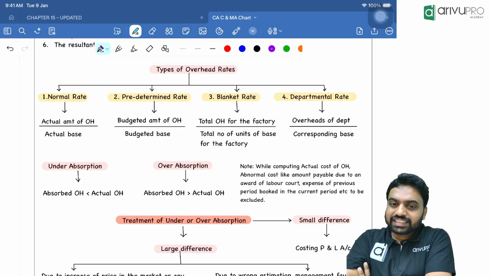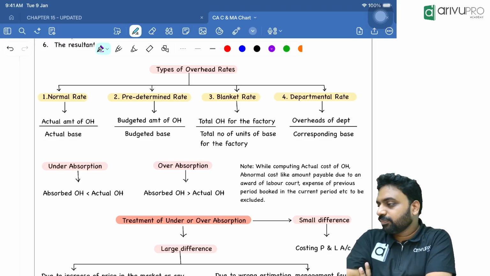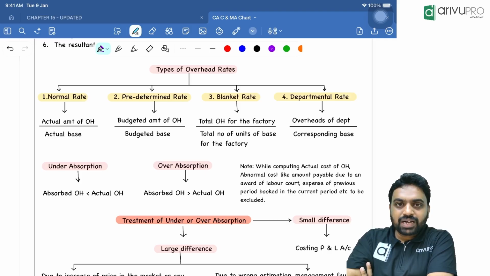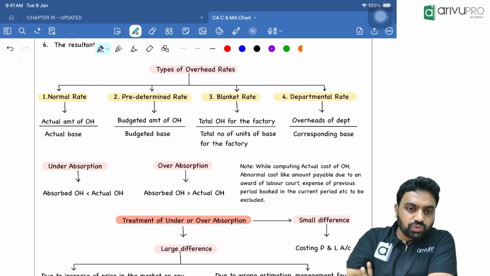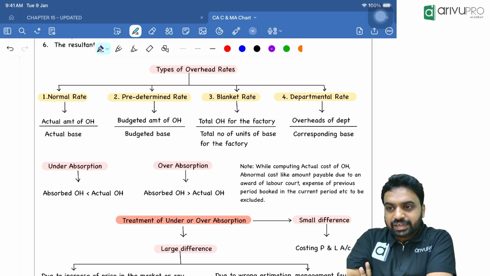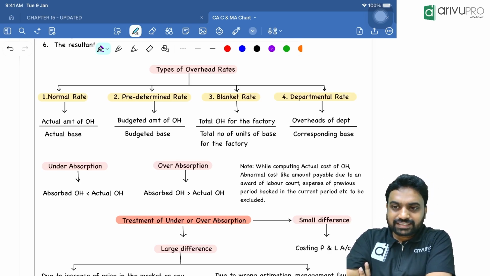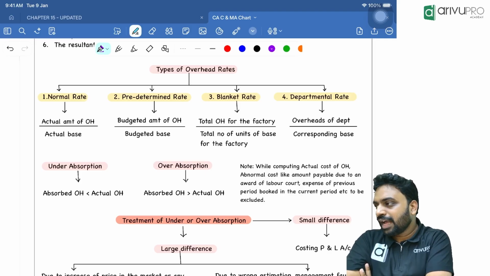If that is the case, we call it blanket rate. Rather than calculating the overhead rate for the separate departments, we total the overhead of all the departments, that is the whole factory, and then divide it by one single base. That we call blanket rate.